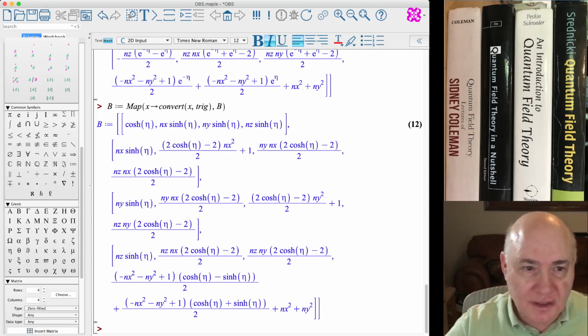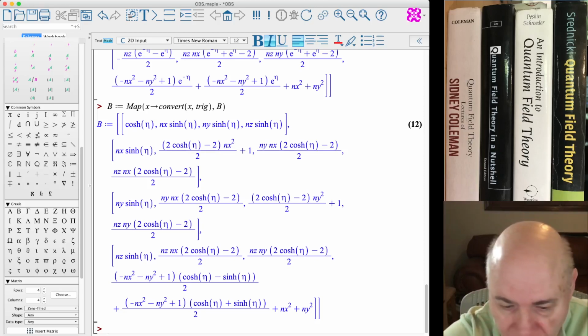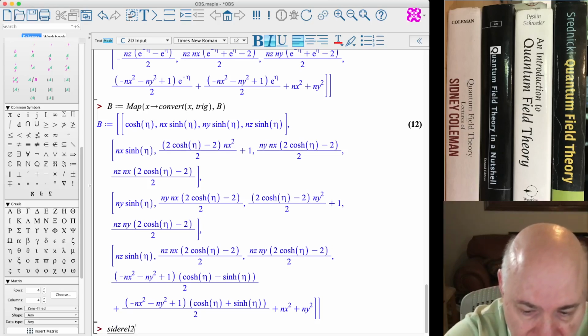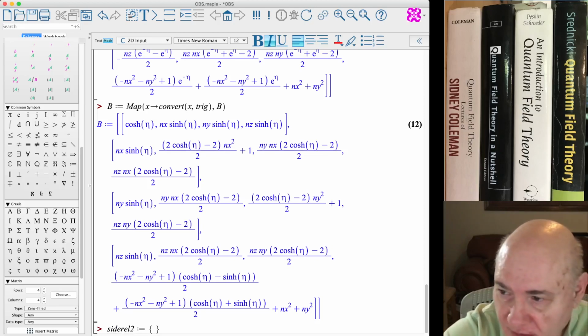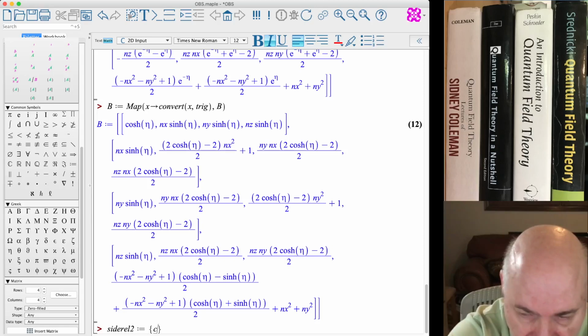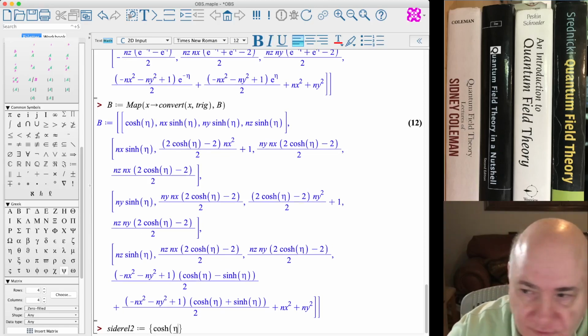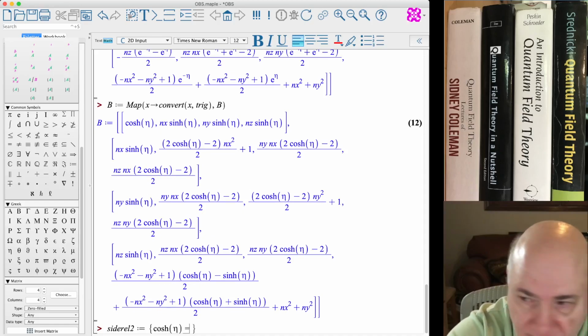Okay, so this is good. At least we have exponential functions, but we can do a little better. So I'm going to define another side relation. Now I want to get things in terms of the velocities and the gammas.